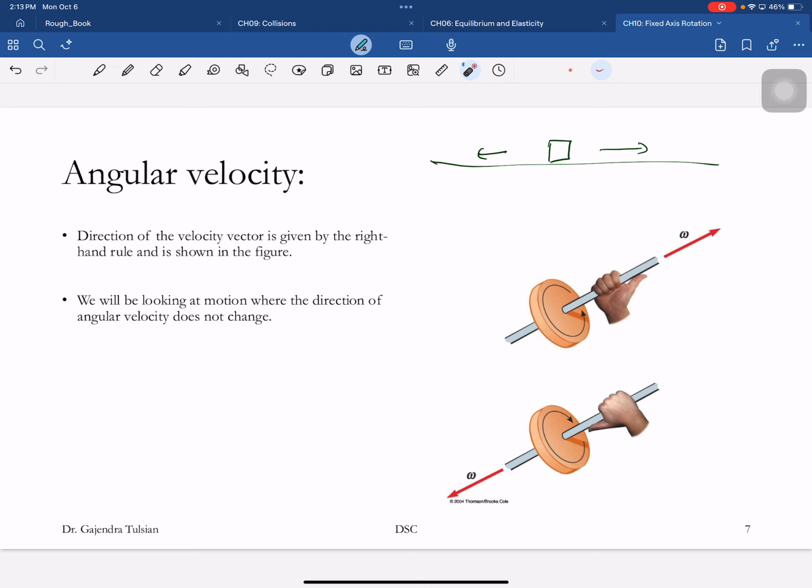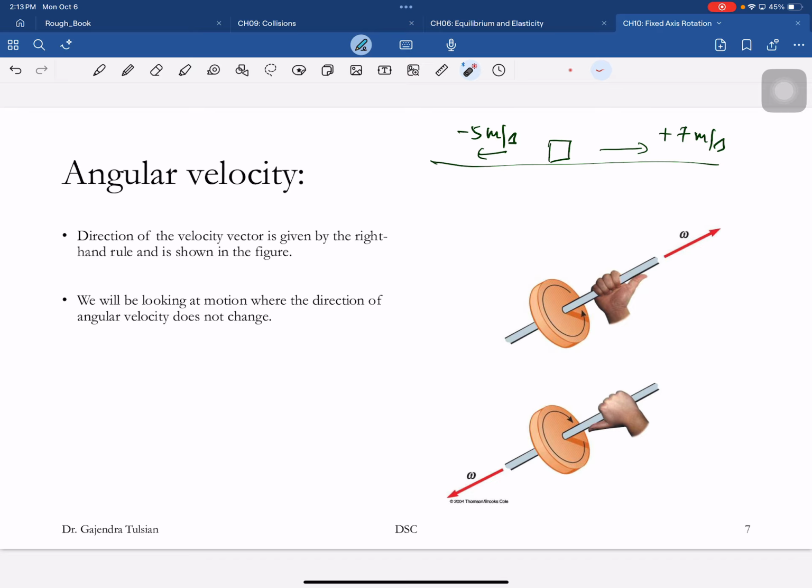How did we indicate the direction of the velocity? By using a sign. This was plus 7 meters per second. This was minus 5 meters per second. The sign told you the direction. Just like that, for a rigid object rotating about a fixed axis, the angular velocity vector points along the axis, either in this direction or that direction.